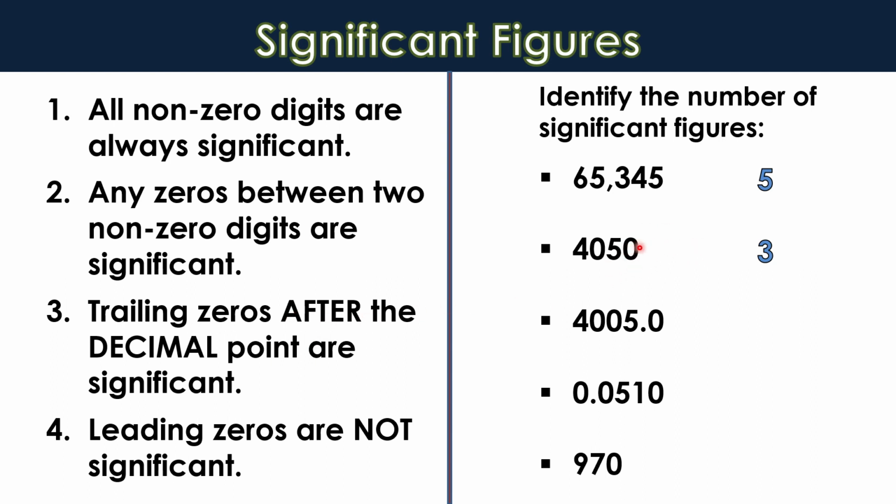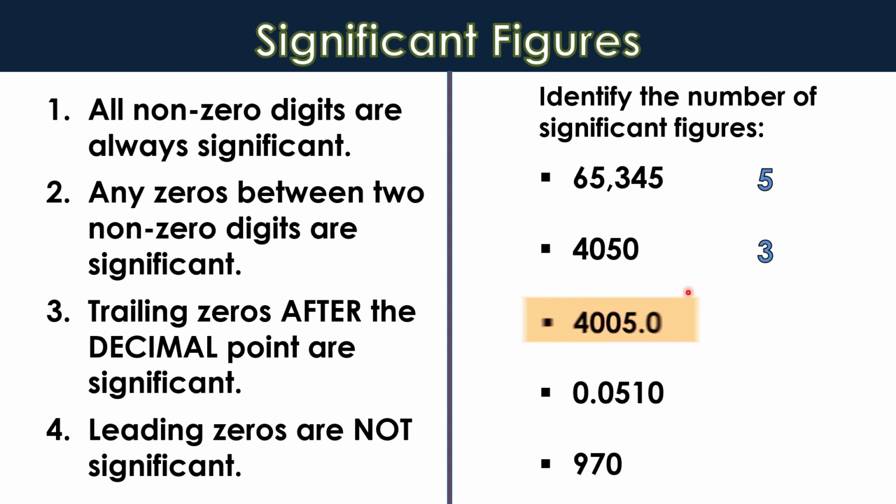Take note, meron tayong trailing zero, but this is not located after the decimal point. Kung meron tayong decimal point, pwede siya ma-classified as significant. That is a special case. Pero wala tayong decimal point na nakalagay dito, so this trailing zero is not considered a significant figure. So we only have 3 significant figures for this physical quantity.